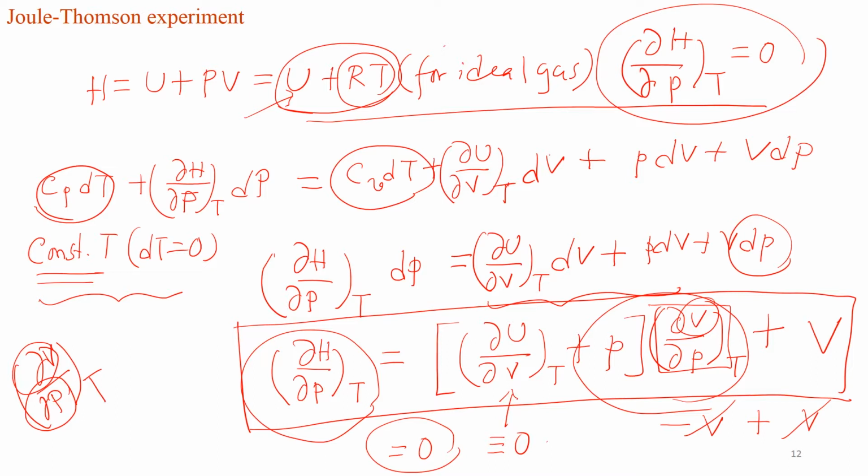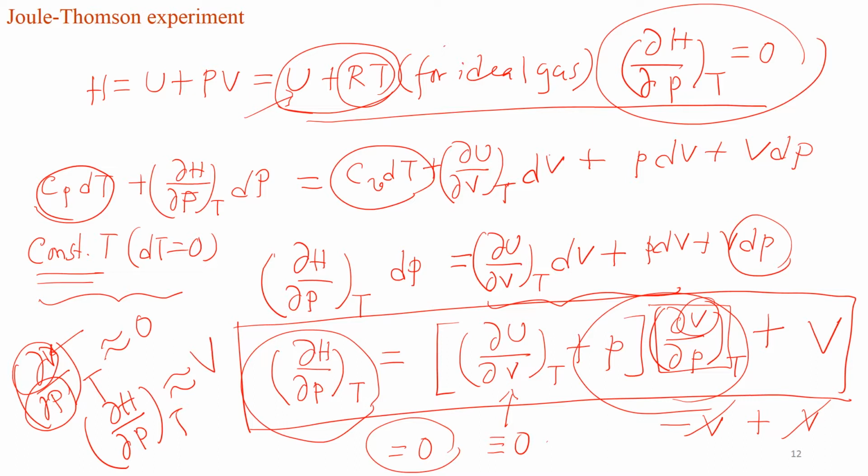So there the change in volume will be very little when we apply pressure. So this term we can almost ignore. So for solids and liquids, the value of (∂H/∂P)_T will be almost equal to V itself from this equation.